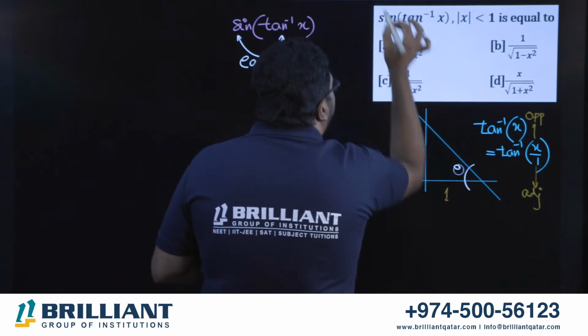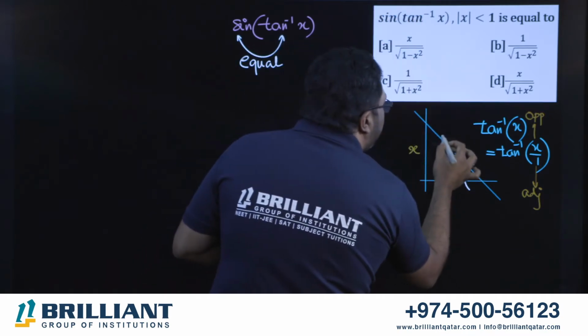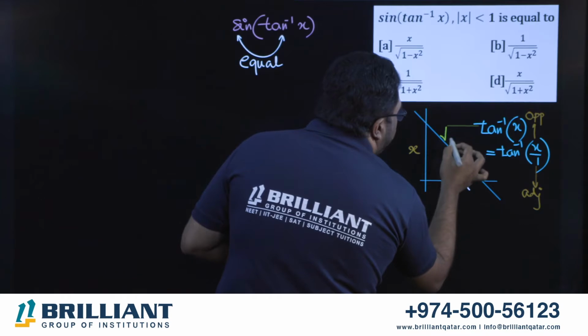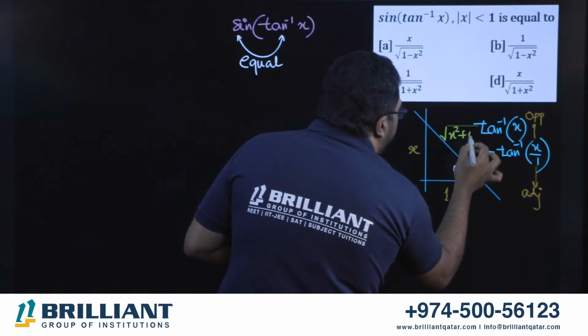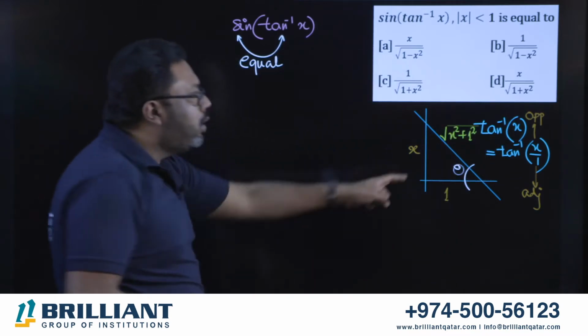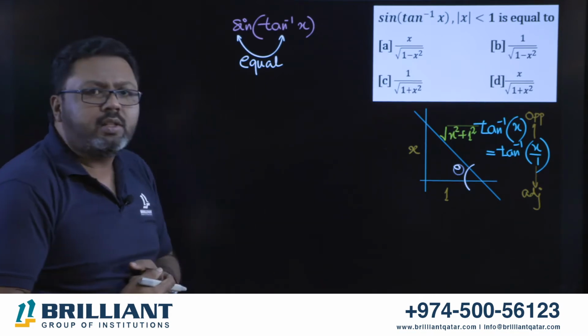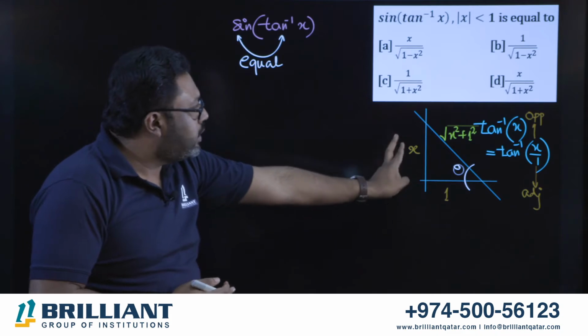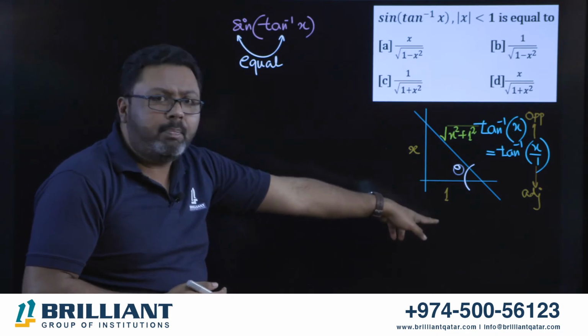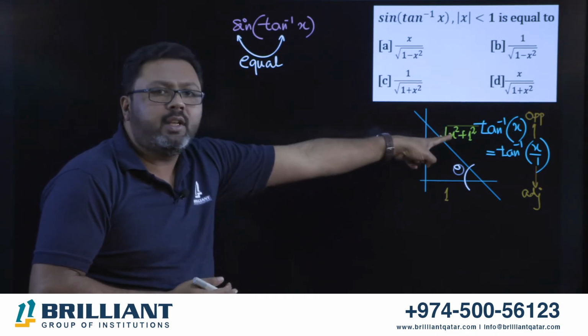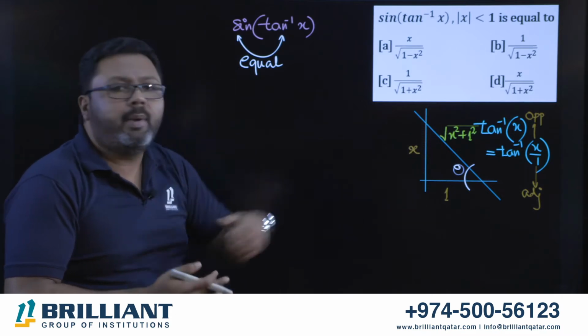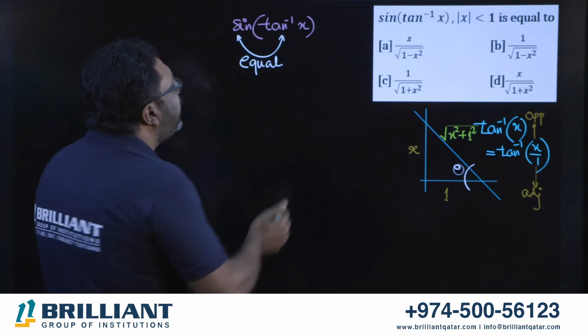Hypotenuse is going to be the square root of x squared plus 1 squared. Pythagoras theorem just has two sides, one is the altitude, one is the base. So the hypotenuse is going to be the square root of x squared plus 1 squared. Apply that here.